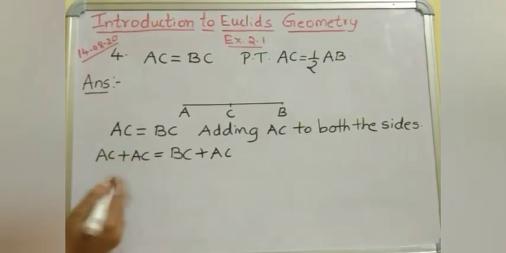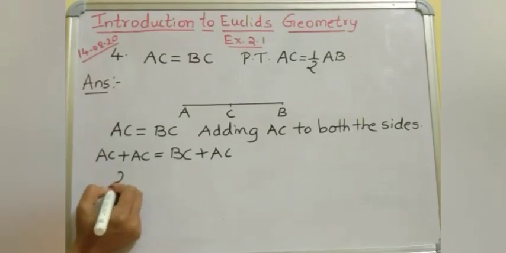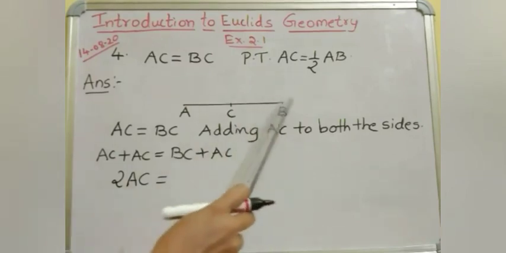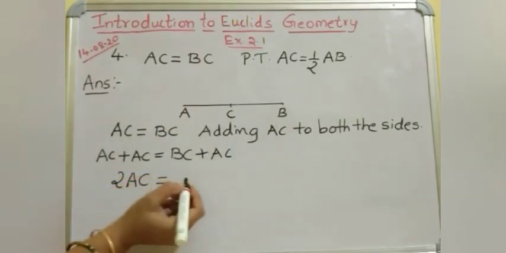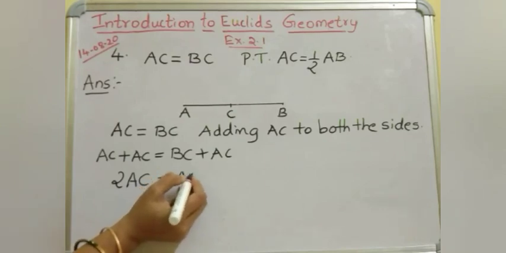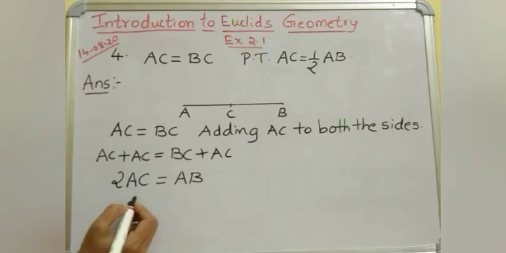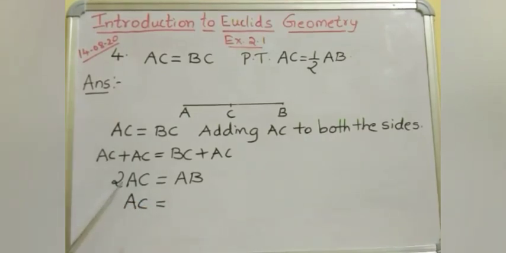Here, AC plus AC, how many ACs are there? There are 2 AC. BC plus AC will give you AB. Is it right? Yes. Now 2 AC means 2 into AC, so this is on the left hand side, LHS.